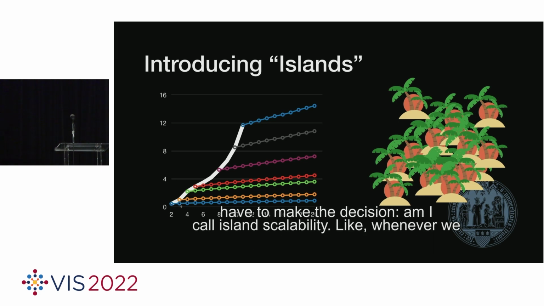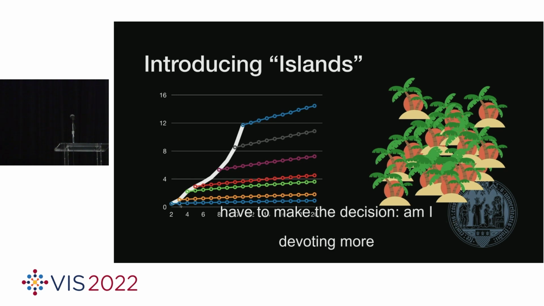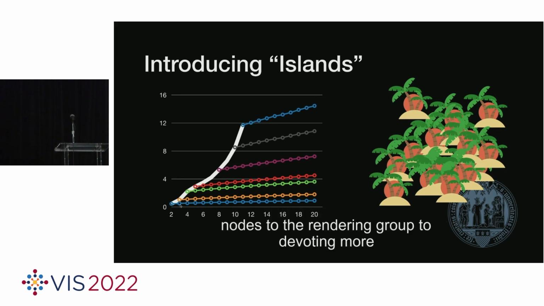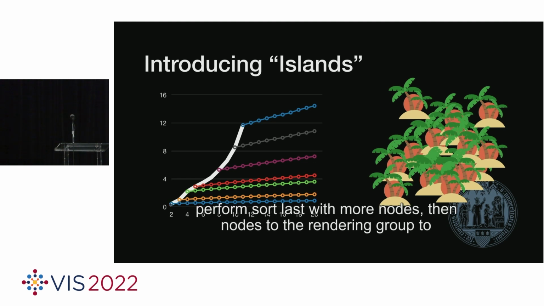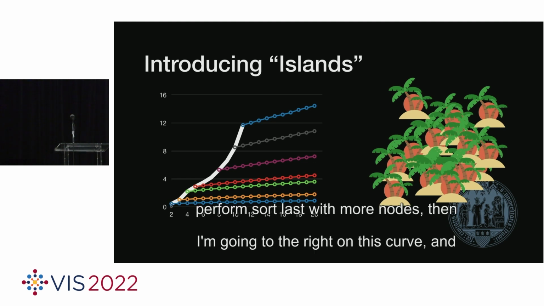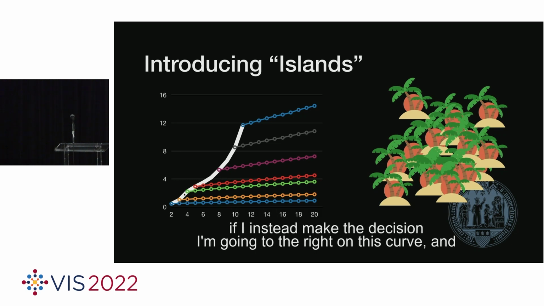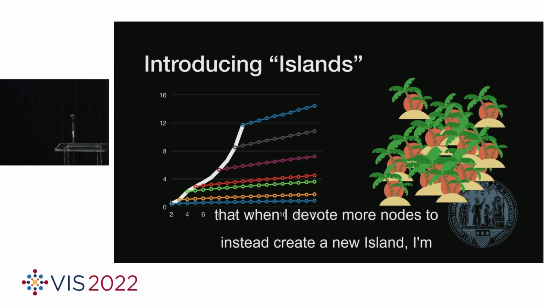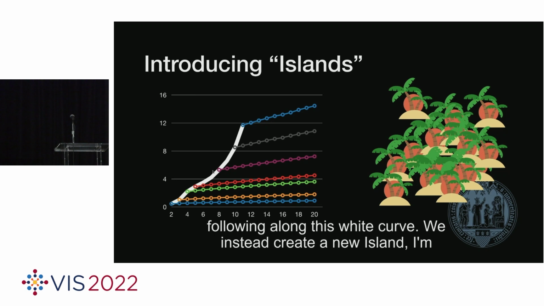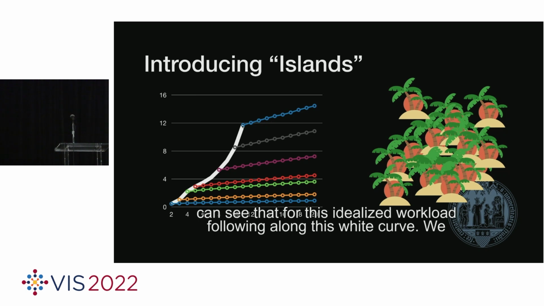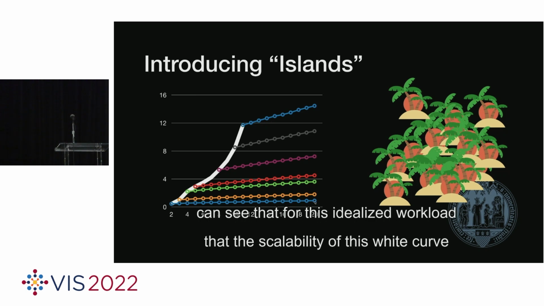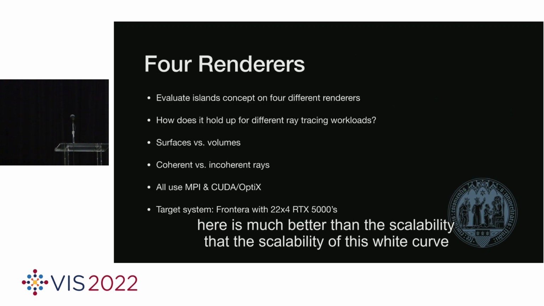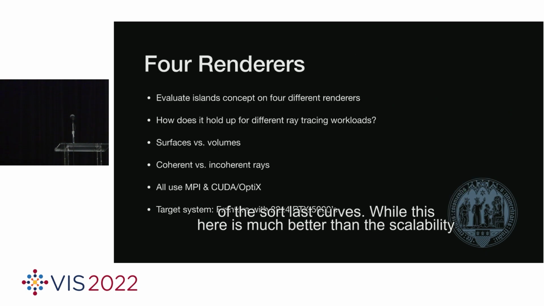Whenever we have to make the decision, am I devoting more nodes to the rendering group, to perform sort last with more nodes, then I'm going to the right on this curve. And if I instead make the decision that when I devote more nodes, I create another island, I'm following along this white curve. And we can see that for this idealized workload, the scalability of this white curve is much better than the scalability of the sort last curves.